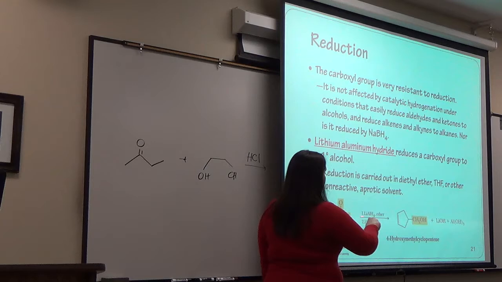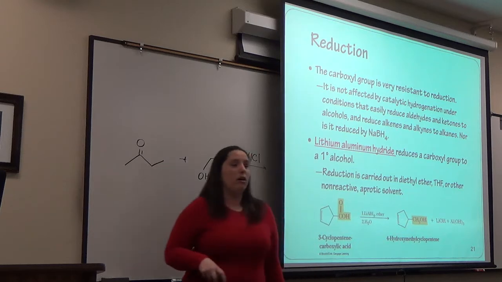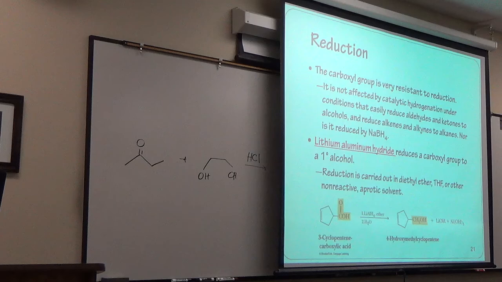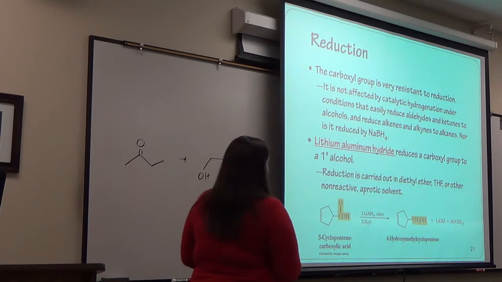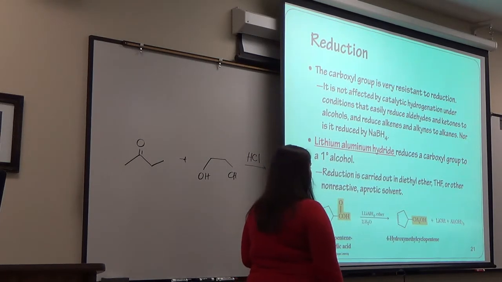Then as a second step, we add water separately in order to get the hydrogen required for your alcohol. So it's a two-step reaction: lithium aluminum hydride in ether, and then a second step, adding the water.